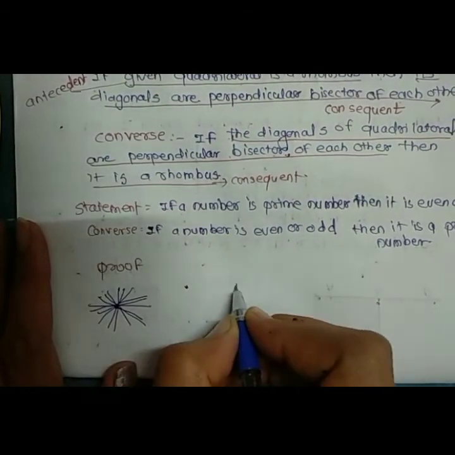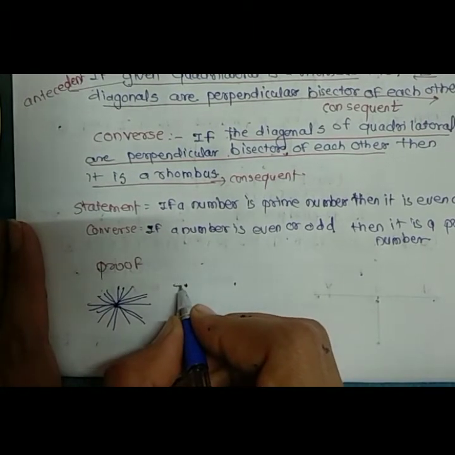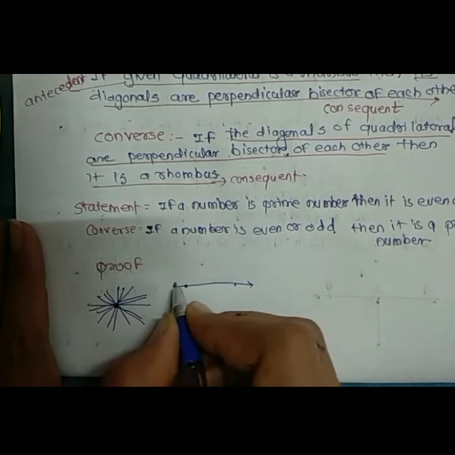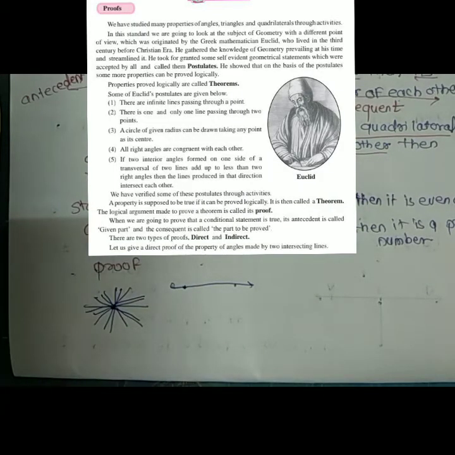Here these two points are different, so only one line can pass through the two different points. The third is, a circle of given radius can be drawn taking any point as its center. The fourth postulate is, all right angles are congruent with each other.